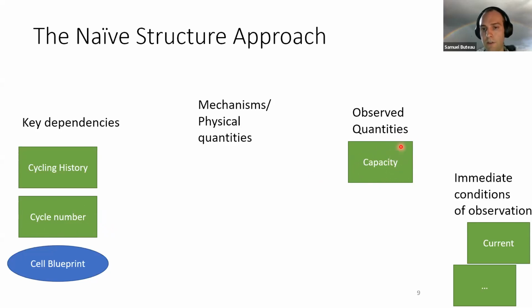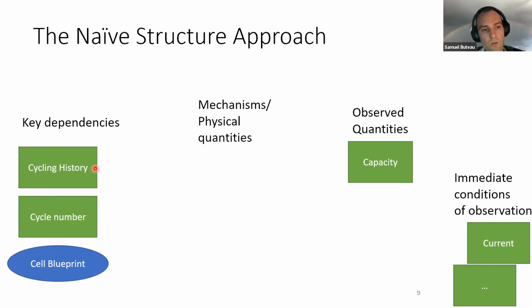Every time you measure capacity, there are some immediate conditions of observation. For example, what current did you use during the discharge? That's going to influence the capacity. Furthermore, during a single discharge, you will measure multiple capacities because you will record the capacity at different voltages. So the voltage at which you measure will be another input. Those are the immediate conditions of observation.